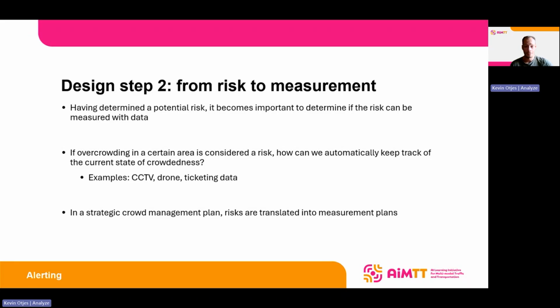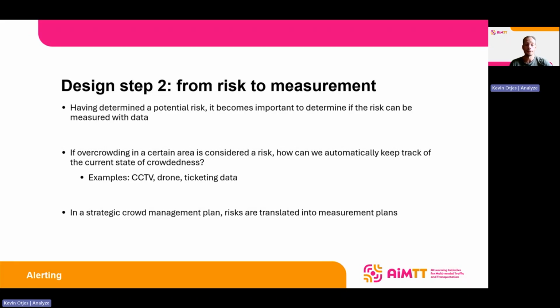For example, we could use CCTV, we could use a drone, we could use ticketing data, we could use multiple sources of data to monitor such an event. And to make sure that we have data available to match with the risk, it's sort of like the prerequisite to see if we can make an alert.